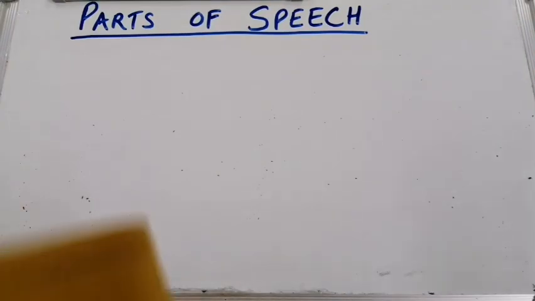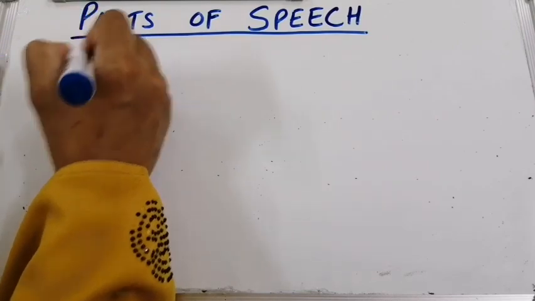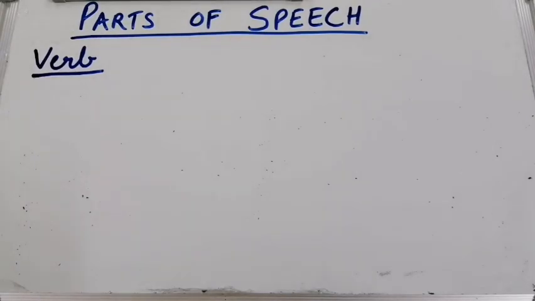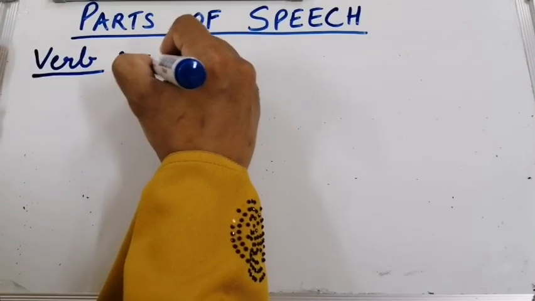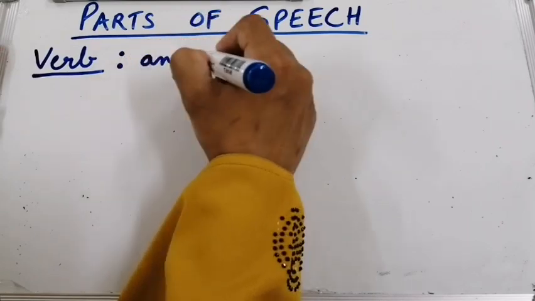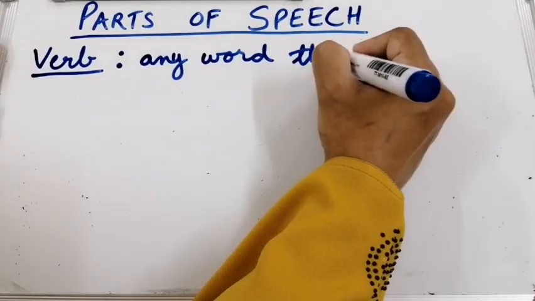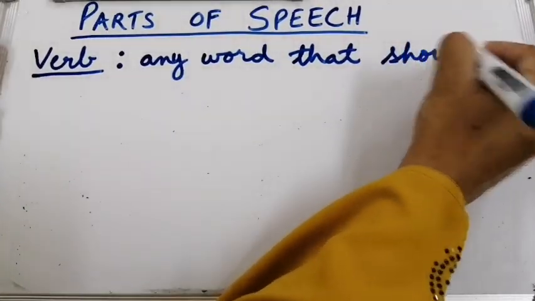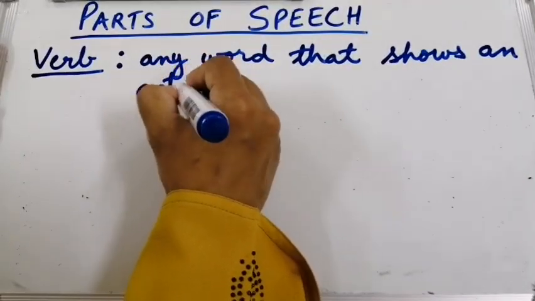So the next part of speech is verb. V-E-R-B, verb. What is a verb? Any word that shows an action.